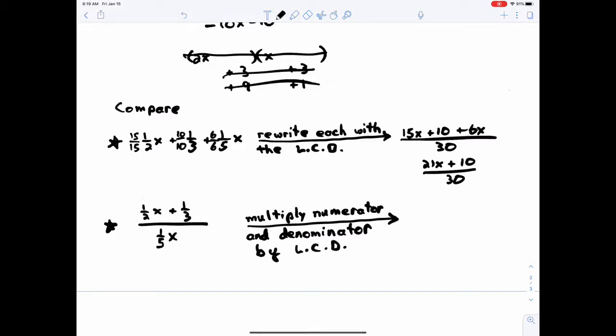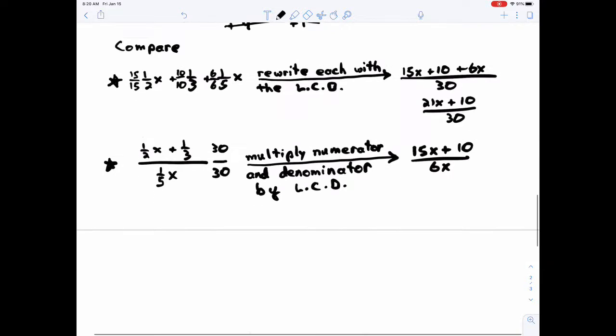In other words, you multiply by 30 over 30. Notice that's not what we did in the first problem there. So when we distribute the 30, you get 15x plus 10 in the numerator, and you get 6x in the denominator. Okay? And that's the answer.